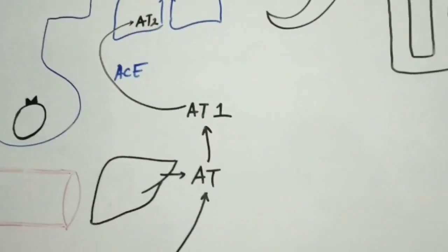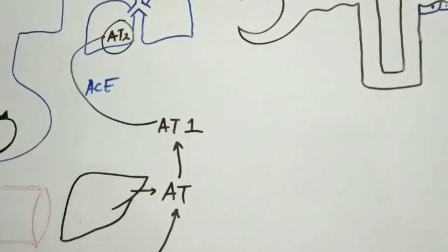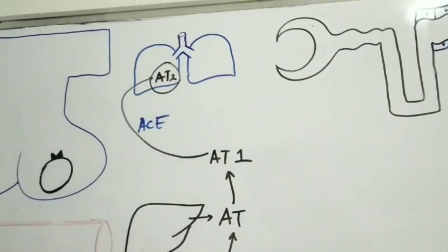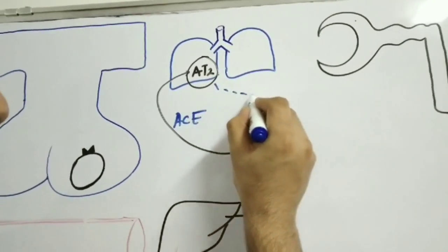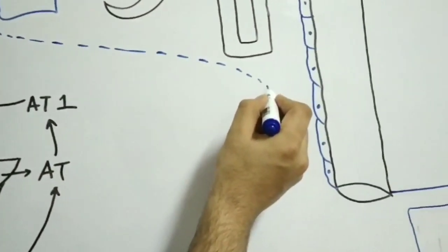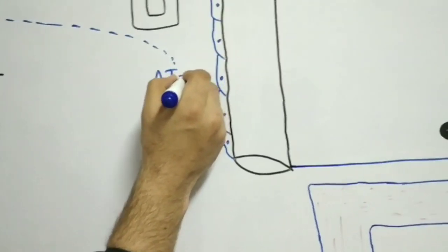Now look here. Now this angiotensin 2 is available here. Suppose I am putting this angiotensin 2 here.